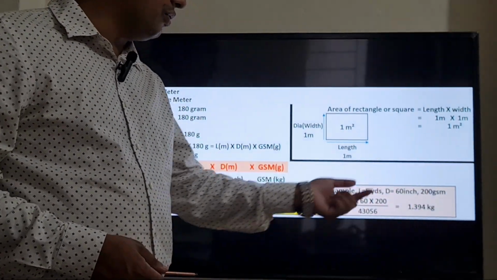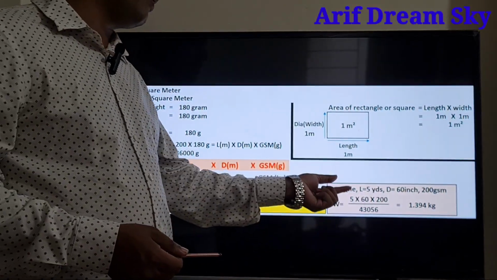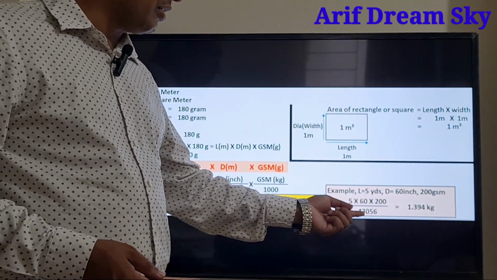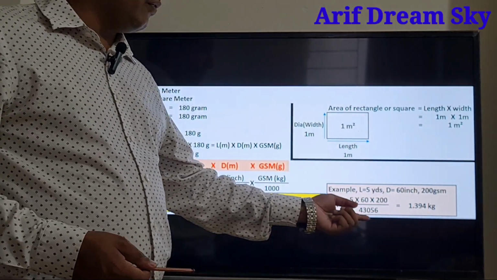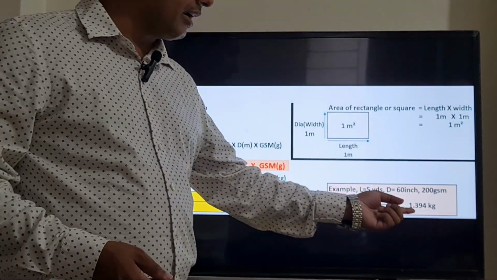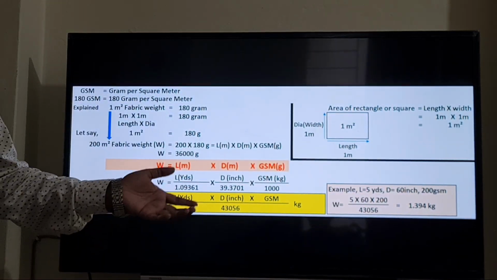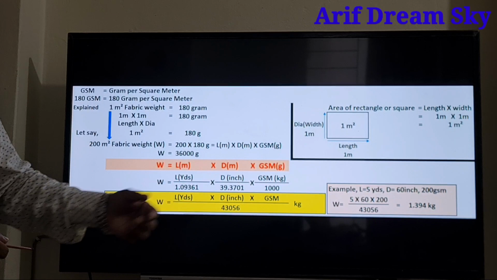How many kg for this 5 yards of fabric? 5 into 60 into 200 divided by 43,056, and we get 1.394 kg. So this is how we get these rules.